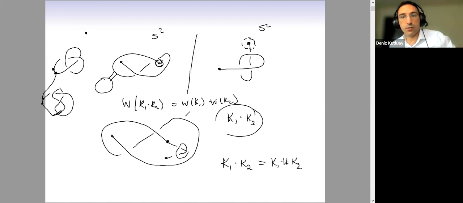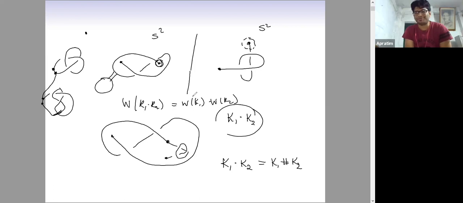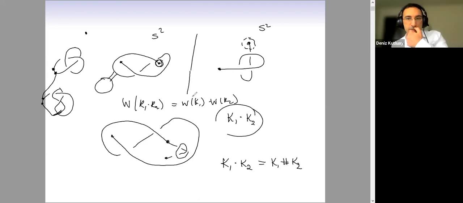For natoids, the multiplication is not commutative, so it doesn't distinguish when you switch places. So maybe you have to define Khovanov homology over some non-commutative ring or something like that. I will give some examples next time.